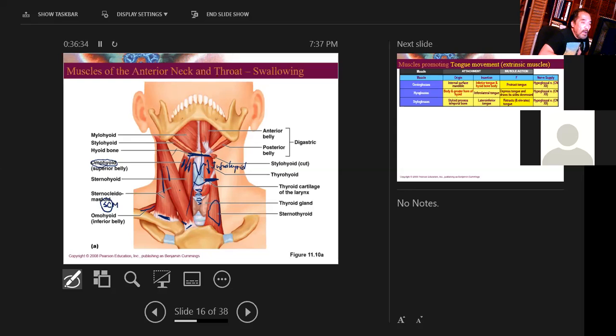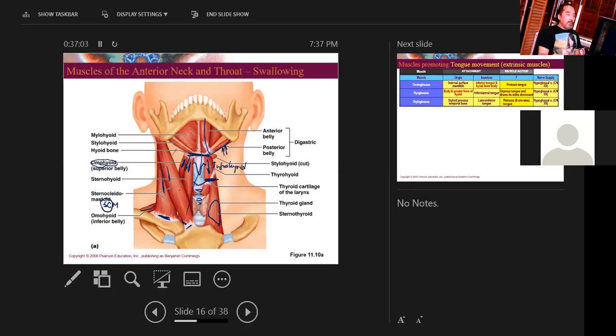So this muscle came here from the mandible, and then it goes straight down to the hyoid, and then it goes back to the lower part of the mandible. Okay, so imagine this: if that muscle contracts, it's going to pull up that mandible.